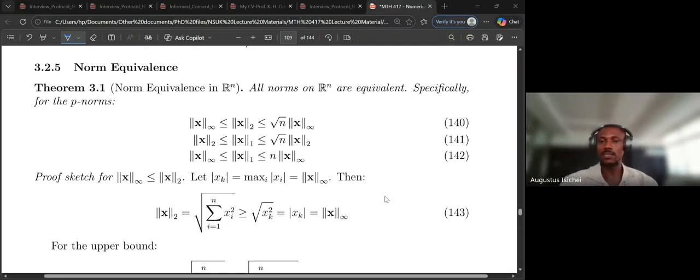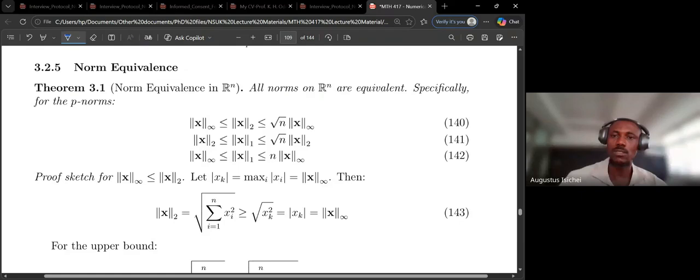Somebody just joined my class. Theorem 3.1. The theorem says that all norms on Rn are equivalent, specifically for the p norms.